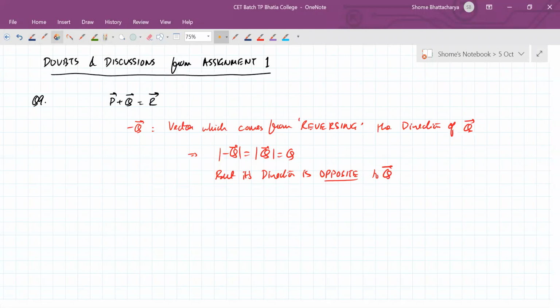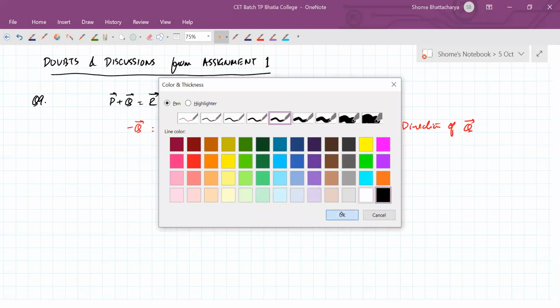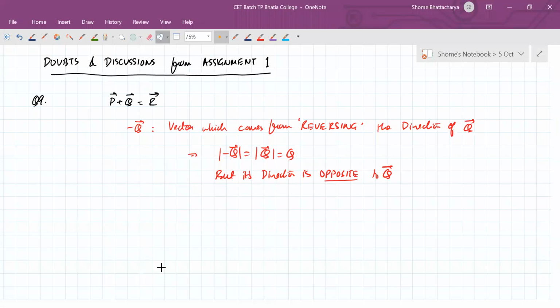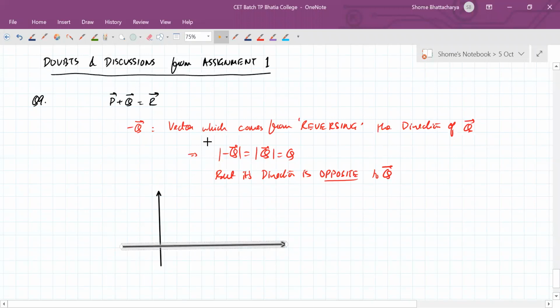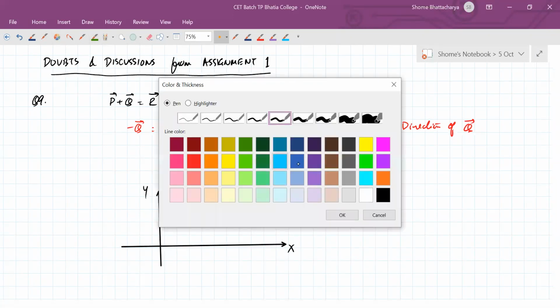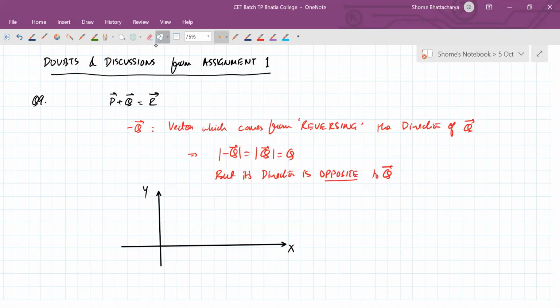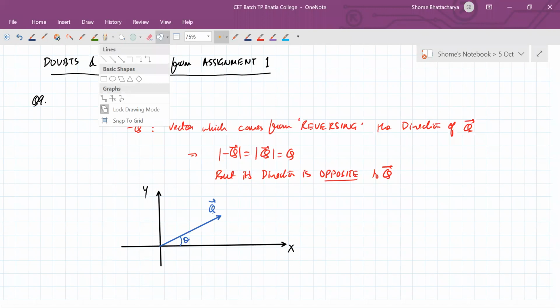So in other words, if your vector q is, let us say, something like this, okay, then the vector minus q will become the reverse of this, okay.